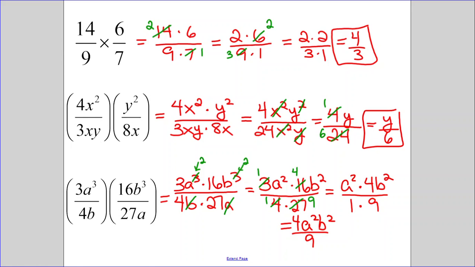So I can simplify this before I combine those terms, or I could do it afterward. Because again, what we would have got on the top would have been 48, and on the bottom would have been 108, and then I just would have had to reduce that fraction down to its lowest terms, in which case I still would have got 4 over 9 as a value. But if I see it early, that might help in simplifying it a little bit easier, maybe without the need for a calculator.